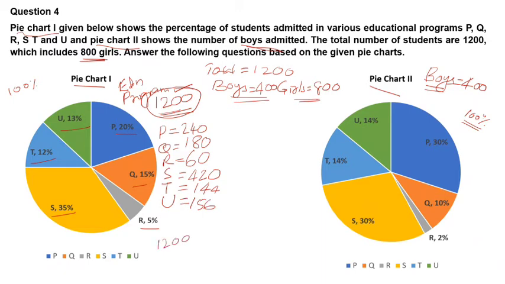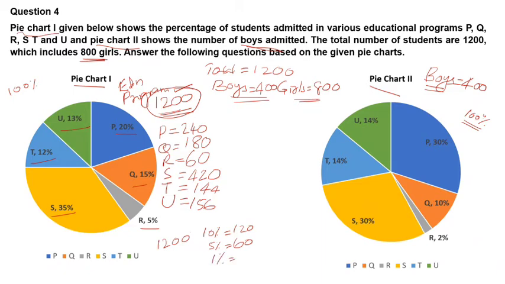See, 1200 is the total. So 10% will be equal to what? Cut a zero, so it becomes 120. If 10% is 120, what is 5%? 5% is half of this. What is half of 120? 60. If 10% is 120, what will be 1%?